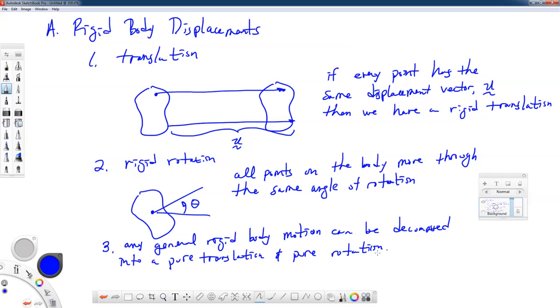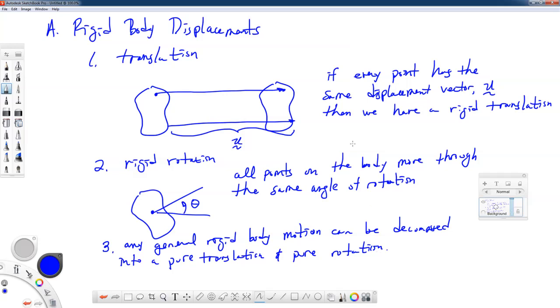Now in mechanics, we teach an entire class on rigid body displacements, rigid body deformations. Typically, this is an undergraduate class in dynamics. It could be particle dynamics or rigid body dynamics. But in that class, you study the motion of these objects, the ball on the string, and so forth.